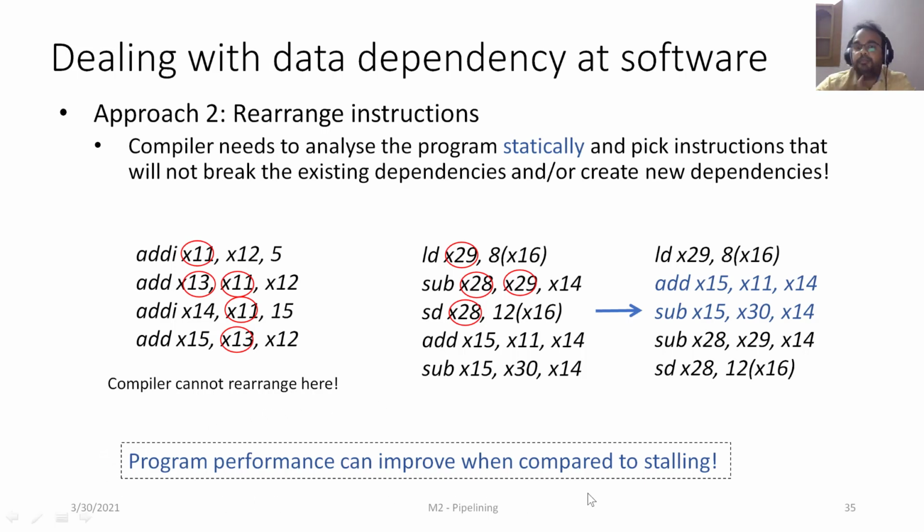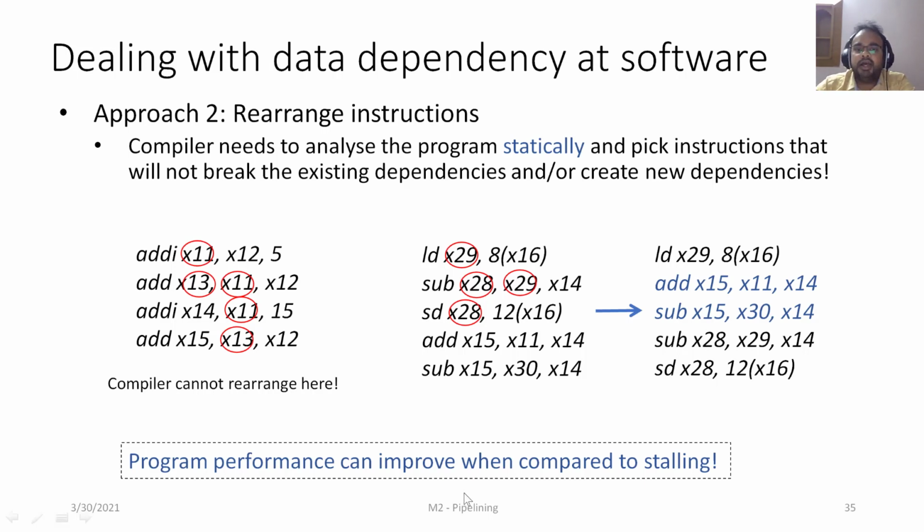That is the reason the program performance can improve when compared to stalling. In the worst case, it will be the same as stalling. In this example, if there is a dependency between every set of 2 instructions, then the compiler cannot do anything, right? But if there is a possibility to move instructions which are safe, then it can do something about it, and that will reflect as a reduced number of stalls.